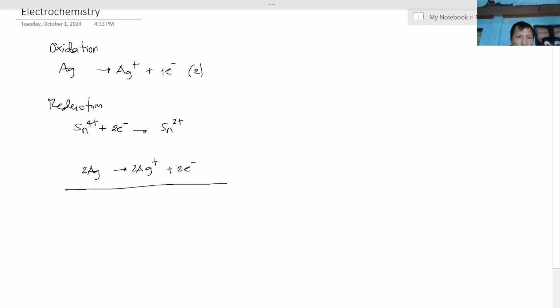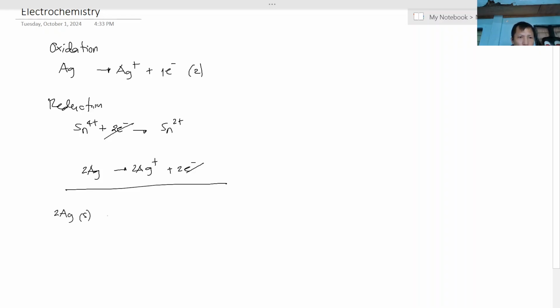So basically, you can cancel those 2 electrons and you can write from oxidation to reduction. Since there's no given direction, the default would be from oxidation to reduction. So we would start with Ag always. So 2Ag, and that is solid.